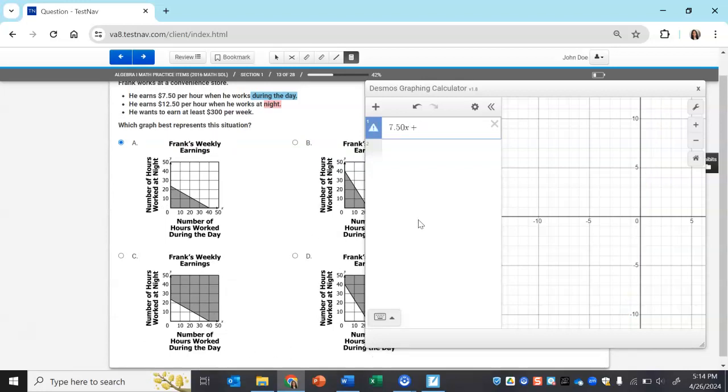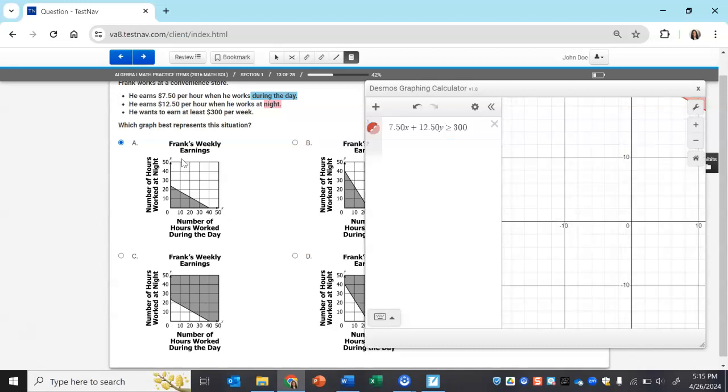Plus, he also works nighttime, and he gets paid $12.50 for nighttime. I'm going to put Y because you have the Y-axis right here, and it says night right there. And together, he wants to earn more than or equal to $300. Okay, so that's what it says, at least.